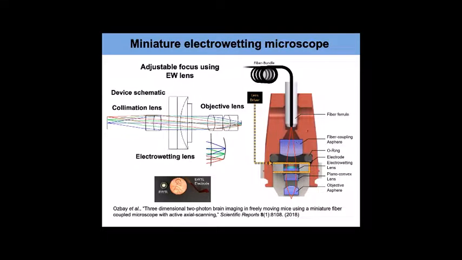And our design was quite simple because we basically only had a few micro lenses to collimate the light out of our fiber, and then our electrowetting lens, and then two lenses that make up the objective. So this was designed to effectively image through a cranial window at depths up to like 200 microns.